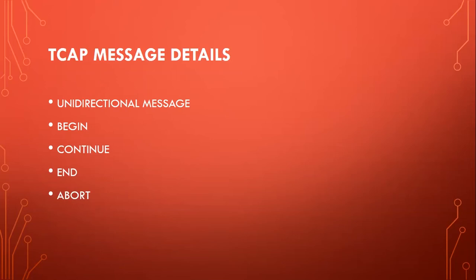When TCAP initiates the abort, that particular abort is marked as U abort. But when that abort is initiated by a user of TCAP, say the intelligent network or the MAP or SMS handler, it is marked as P abort.